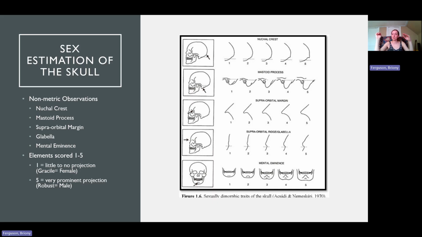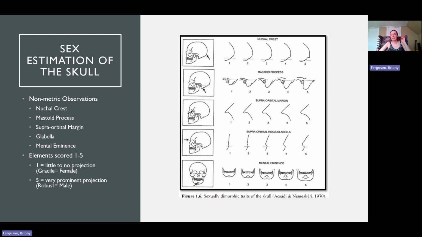And that will help you judge how even the nuchal crest actually is and ensure that you are not accidentally misrepresenting your results by having the skull moved one way or the other, the angle being a little bit off.